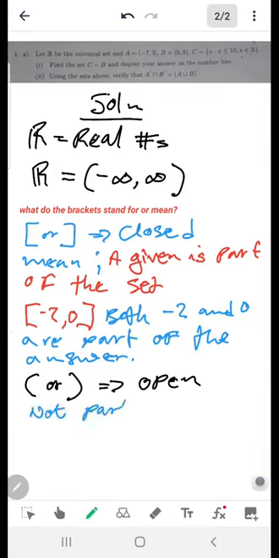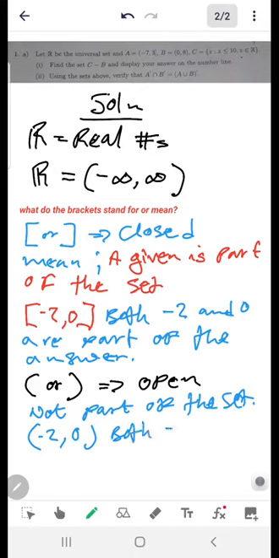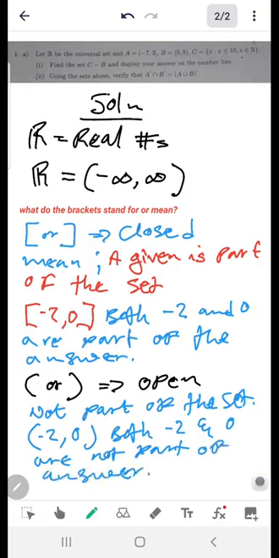For example, if I wrote open -2 and 0 open, that means that both -2 and 0 are not part of the answer.